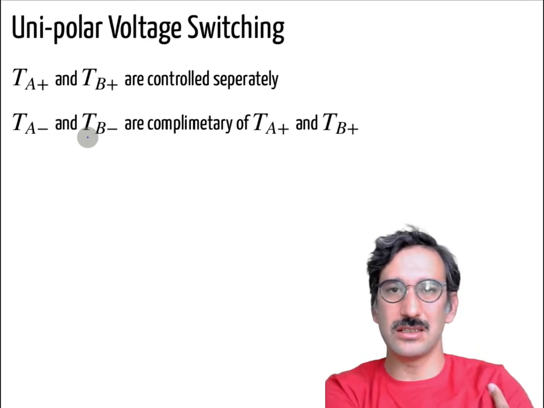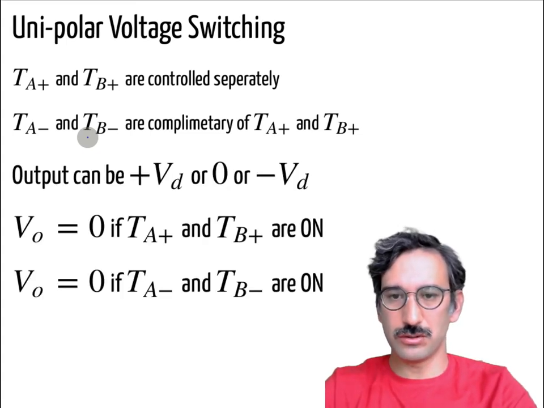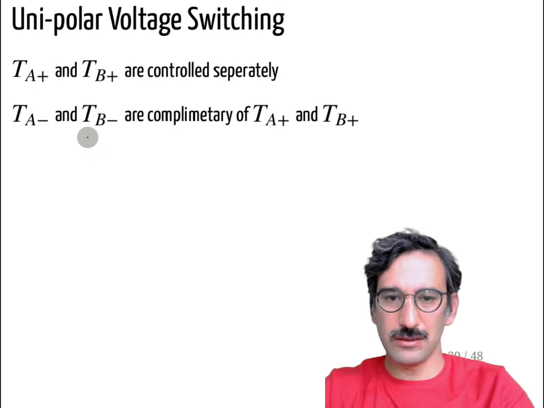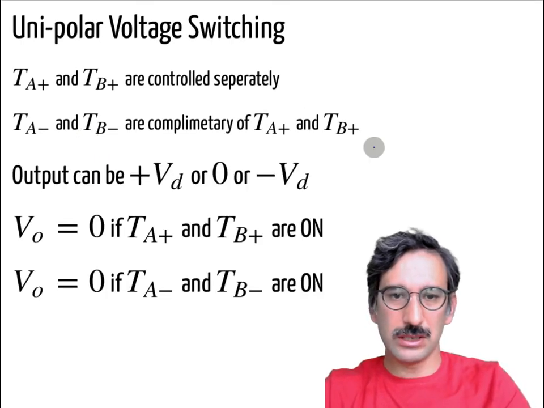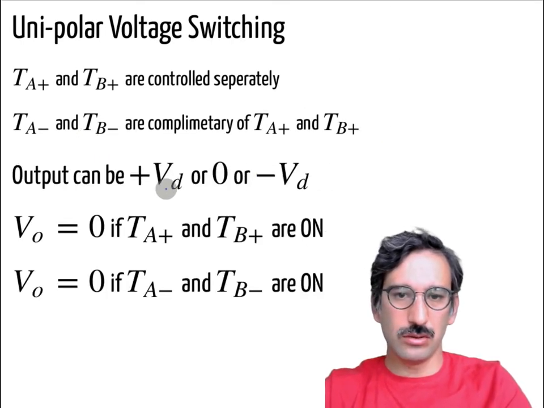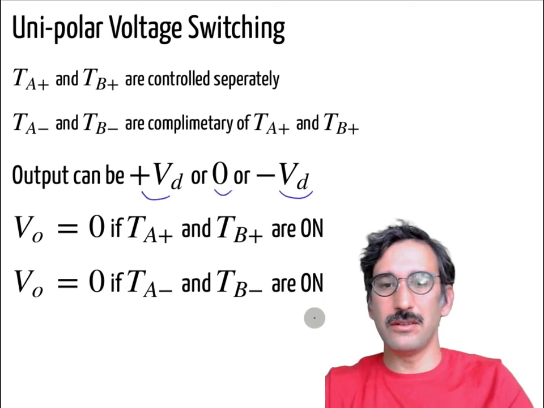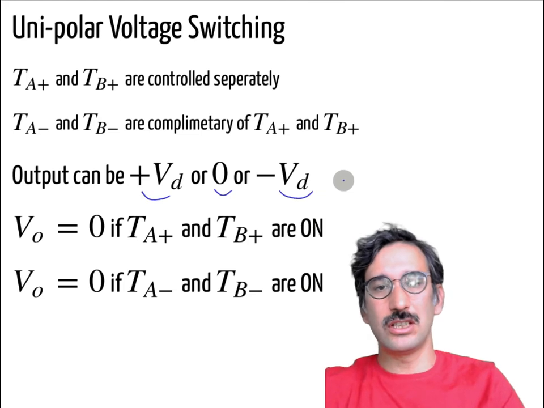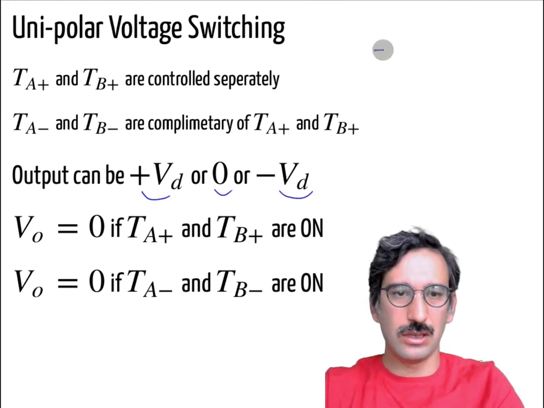That is just to prevent any short circuit at the voltage source. So let's have a look at what you can do. Then you have not 2 voltage levels, but 3 voltage levels. So how does it work? Let me try to plot it here again.